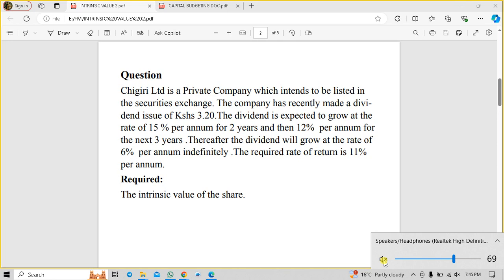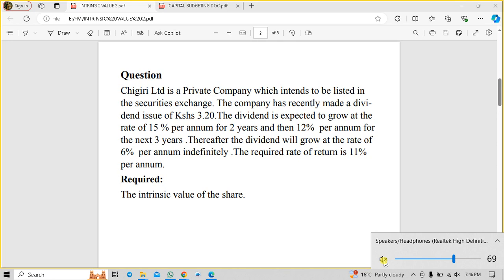So what people do, when the shares are at a low price, they buy the shares, and when the shares increase in price, they sell. For example, if the share is 18 shillings now and you buy shares worth 50,000 or 100,000, then you be patient until the shares reach 38 shillings or 30 shillings.